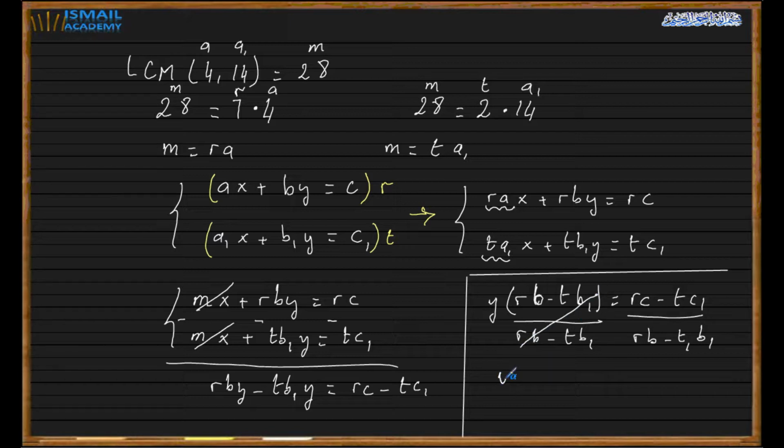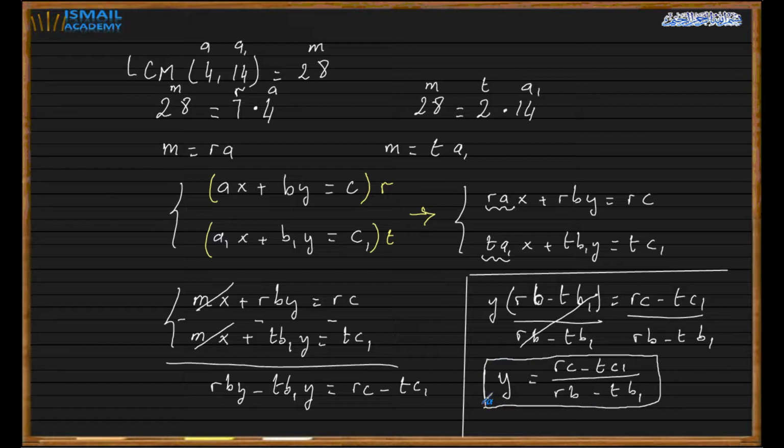Now y equals (RC minus TC1) over (RB minus TB1). It's TB1, not T1B, just TB1. There's no T1 here. So this will be my y.